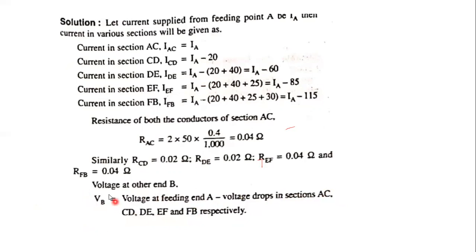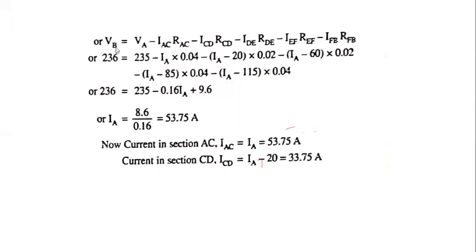This is the voltage at point B. Therefore, VB is equal to VA minus IAC RAC minus ICD RCD minus IDE RDE minus IEF REF minus IFB RFB.